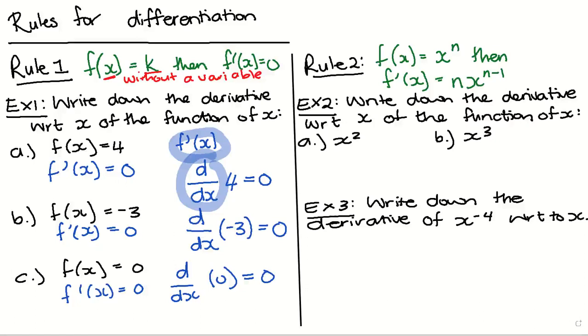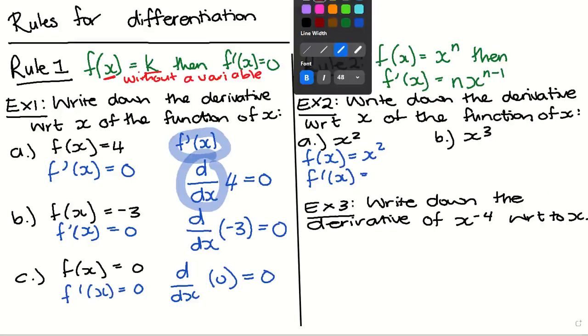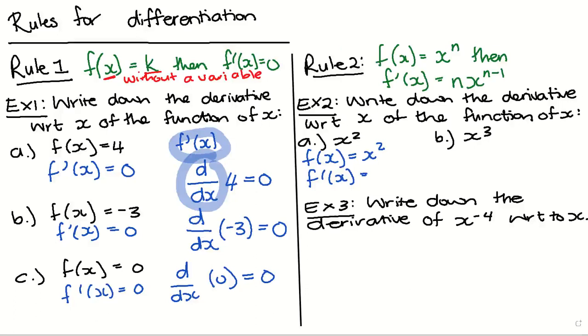So if f of x is equal to x squared, then the derivative with respect to x, that 2 ends up coming in front. We bring that down, the 2 gets brought to the front and multiplied with the x.